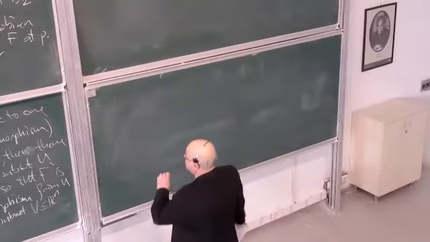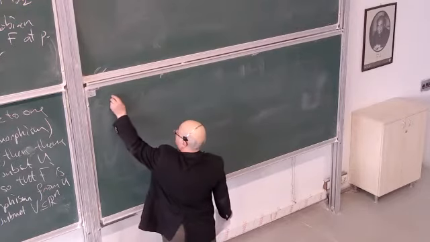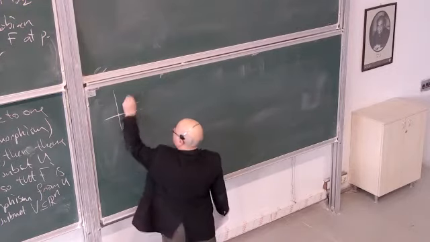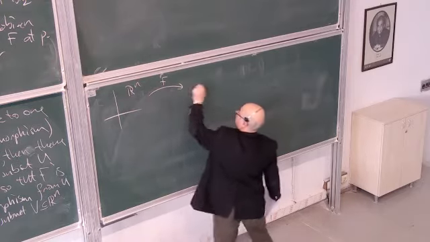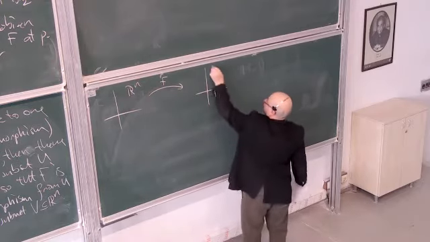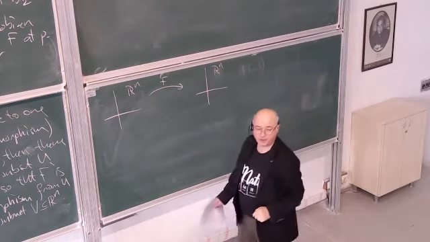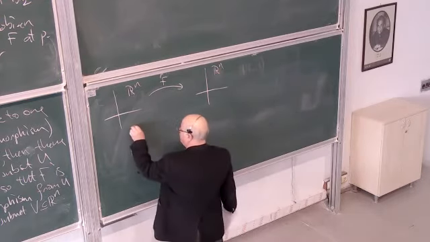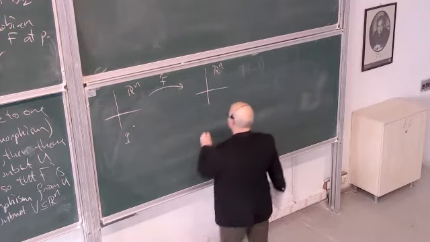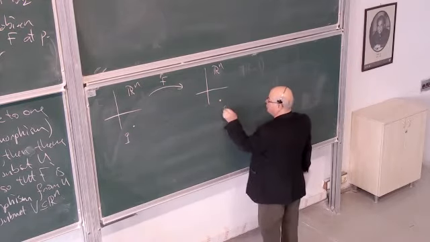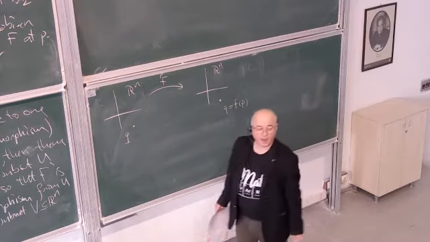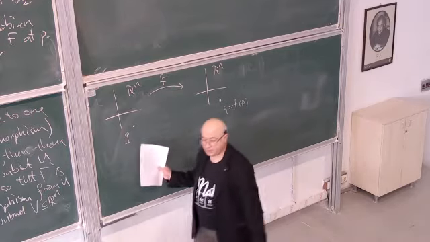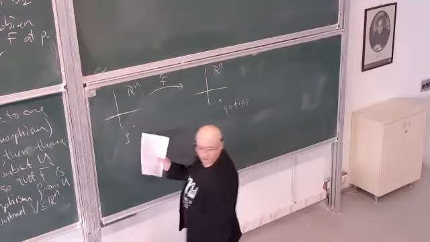So this is what happens. Here I have Rn, and then I have the map F into Rn again. So they have the same dimension. And here I have a point P, and this point is mapped to some other point F of P. And I look at the derivative map at this point.